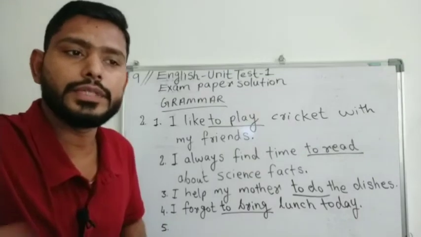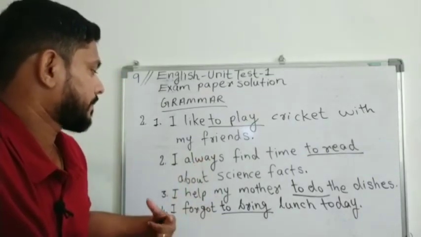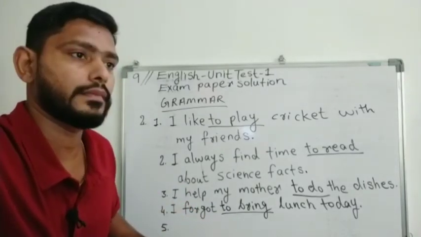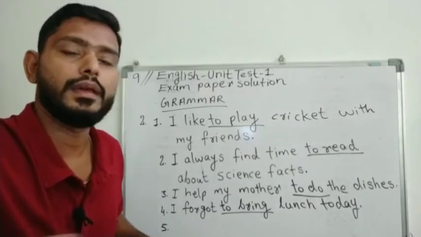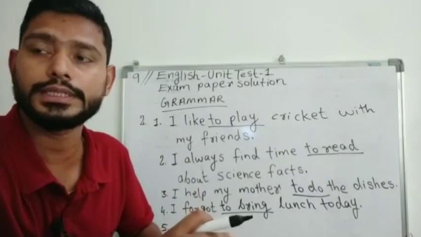And what word can we use as the next infinitive verb? We have used to play, to read, to do, to bring. Let's make one interrogative sentence, a question sentence.